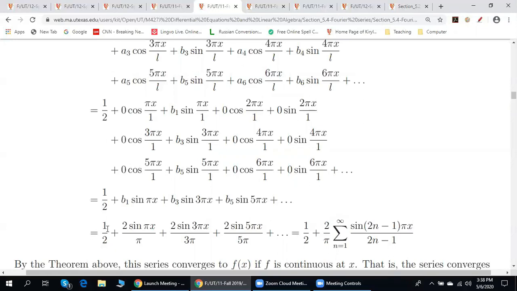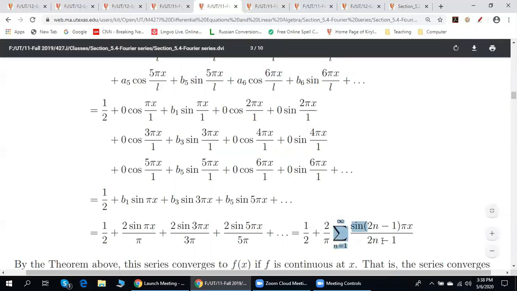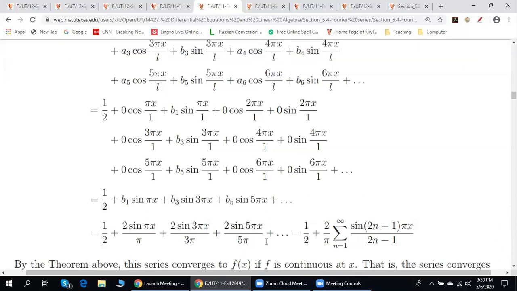Finally, in order to come up with a sigma notation, factor out the common term, which is 2 over pi. It's over here. And observe that on the tops and on the bottoms, we have only odd numbers, which means 2n minus 1 here and 2n minus 1 here. Part 1 is done.